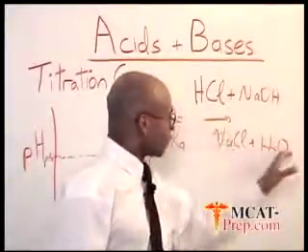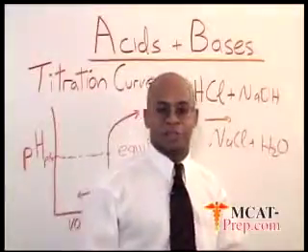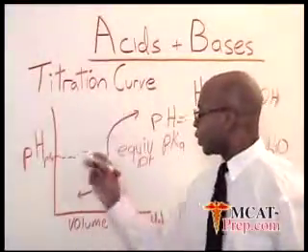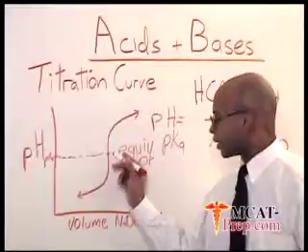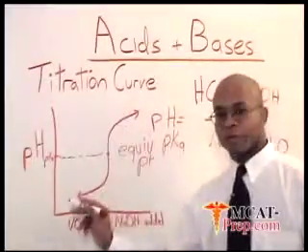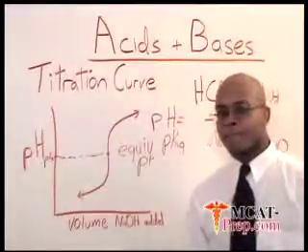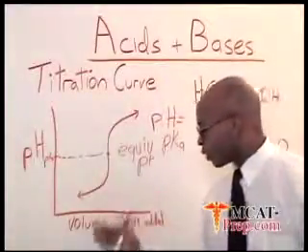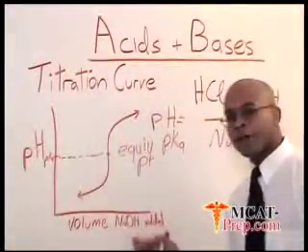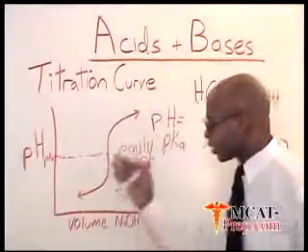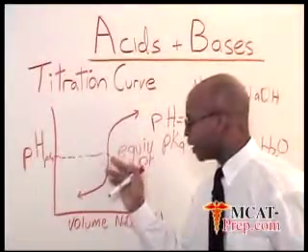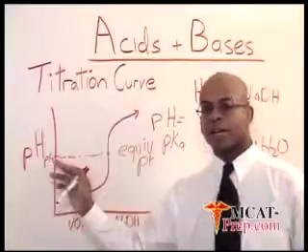So the pH of this solution would simply be 7. So we know that for the titration curve of HCl when you're adding increasing volumes of NaOH, the equivalence point would be at a pH of 7.